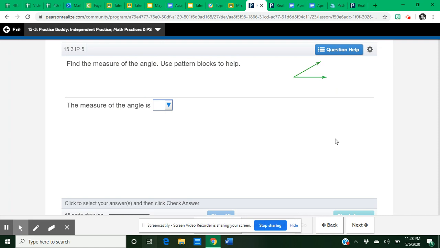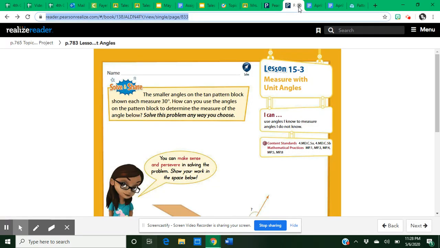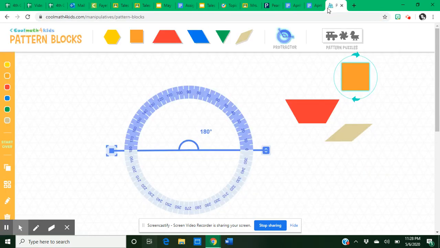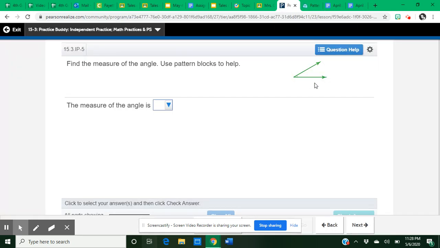Okay, so find the measure of the angle. Use pattern blocks to help. So you can flip back, I'm going to go ahead and close these out so I don't get confused as I'm helping you all. So we're going to go back to this one and we're going to look. Which of these shapes is closest to this angle?